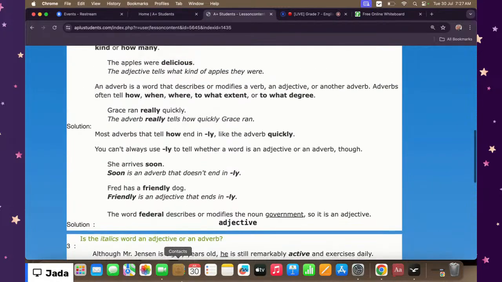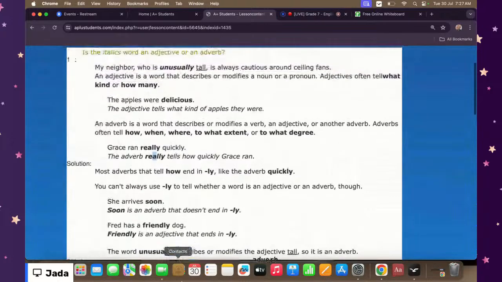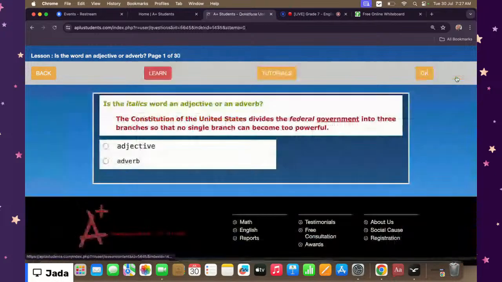So let's move on to the test. So you all please send your answers. So this one was in the tutorials and it was the adjective.